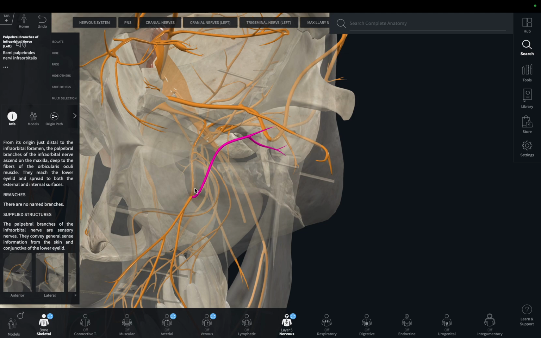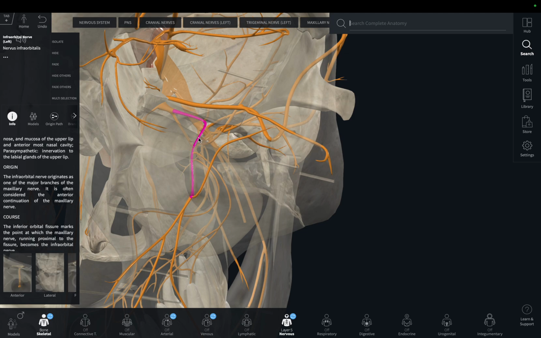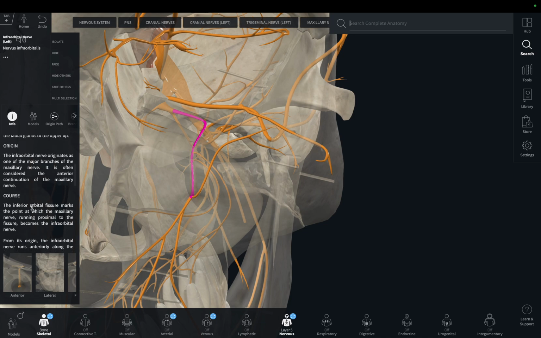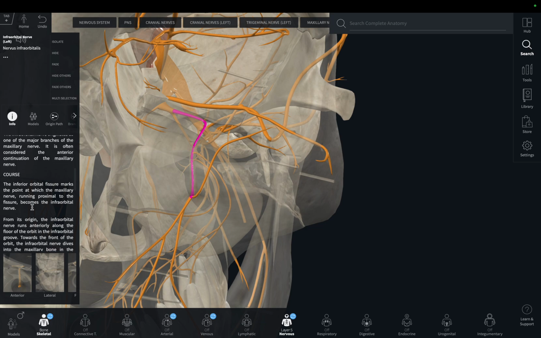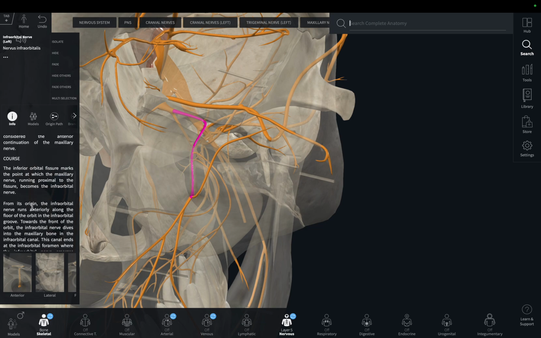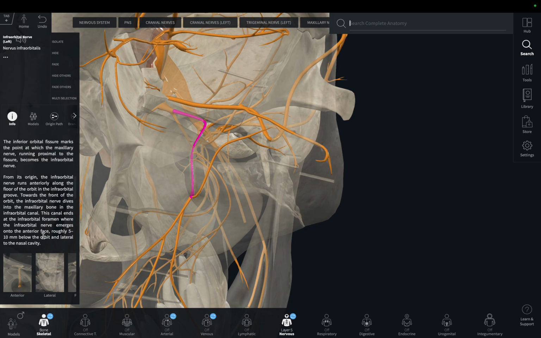and exits through the infraorbital foramen. The infraorbital foramen is where it exits the face.